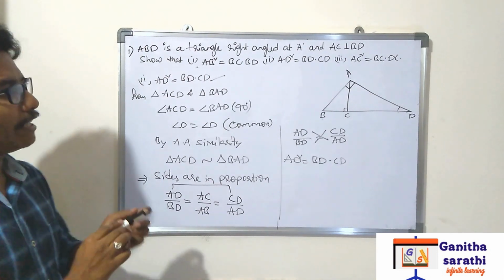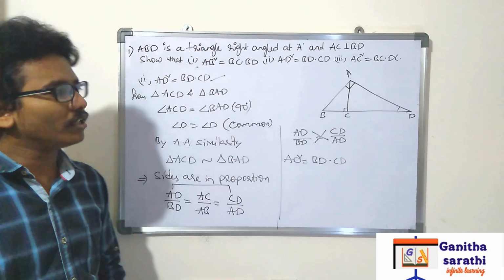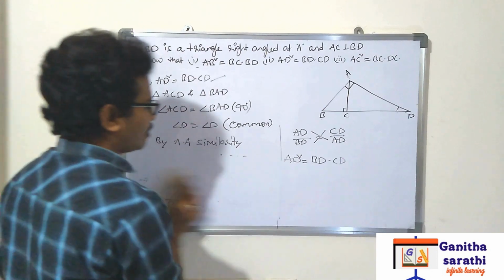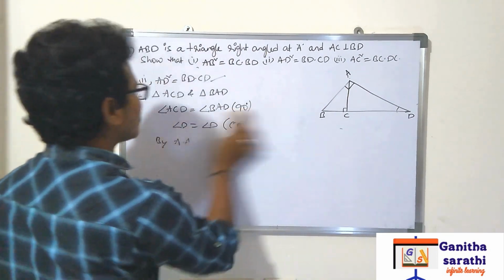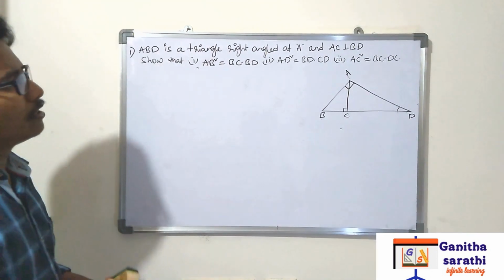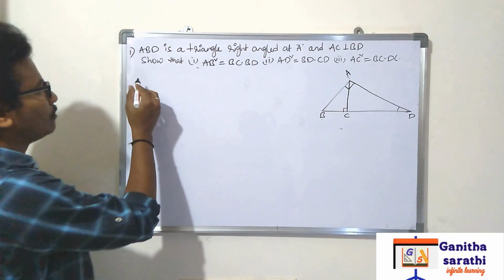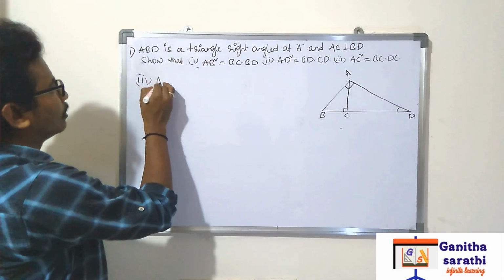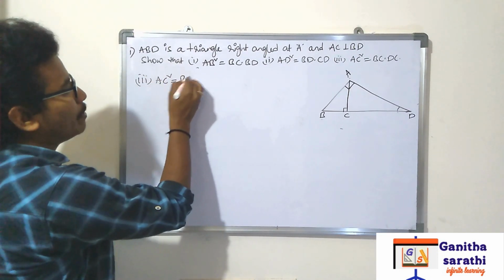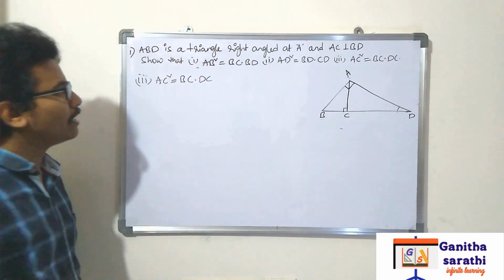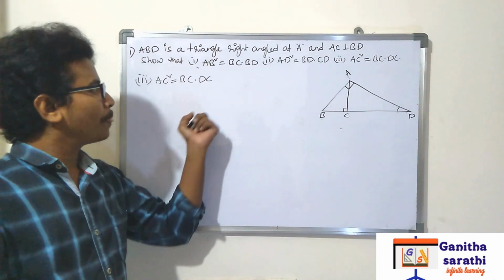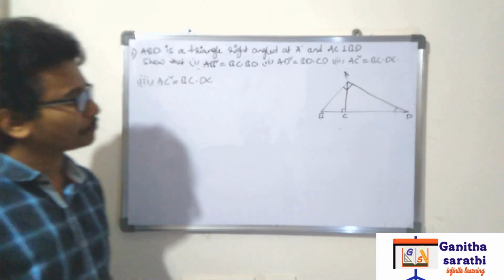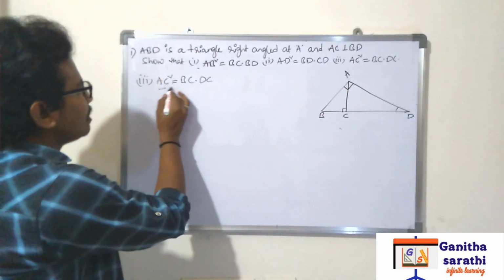Okay. Likewise, we will prove the third one. How we will prove the third one? First, see the sides, all of you. What are the sides given in the third proof? AC square is equal to BC into DC. Now, AC, BC, DC.